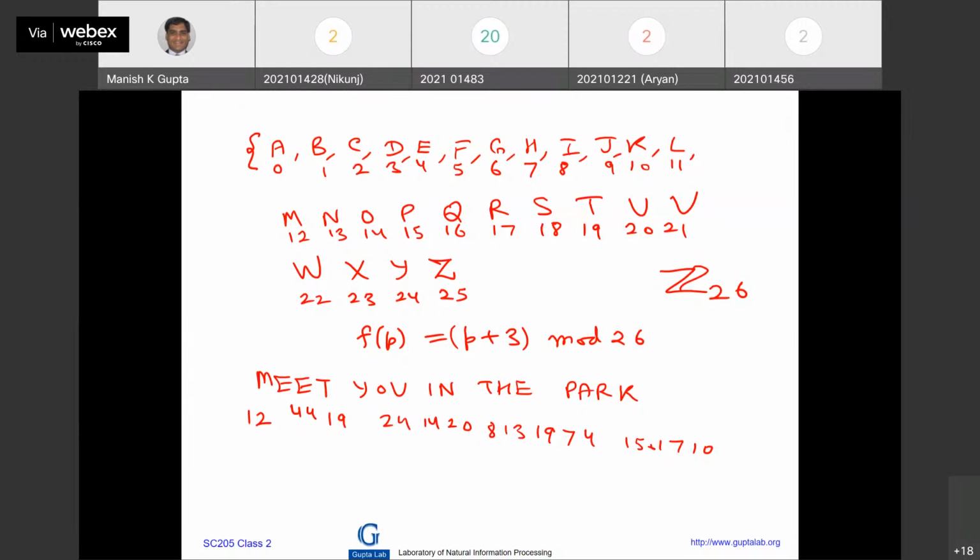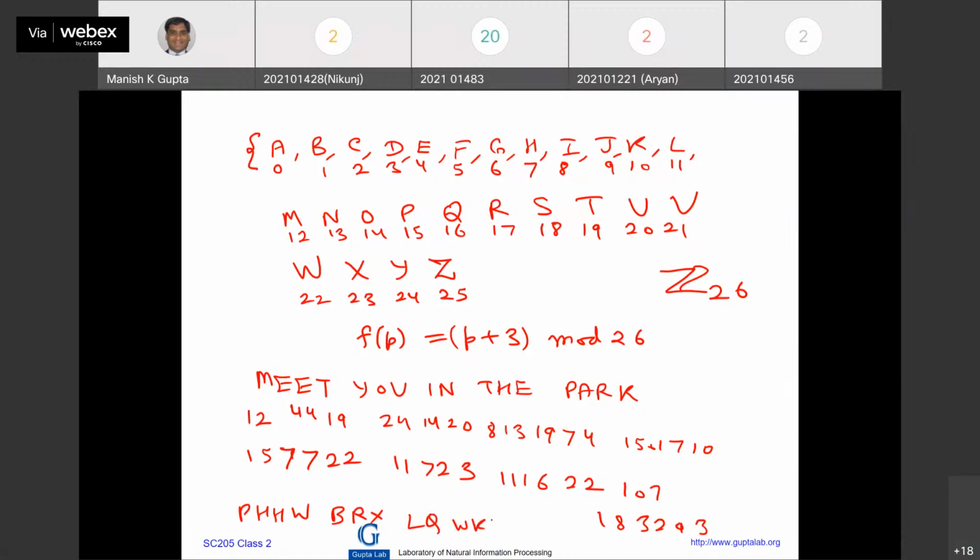So when we add 3 and reduce it modulo 26, I'm going to get 15, 7, 7, 22, 2, 17, 23, 11, 16, 22, 10, 7, 18, 3, 20, 13, 10. So this becomes something like PHHW ERX LQ WKH SDUN.